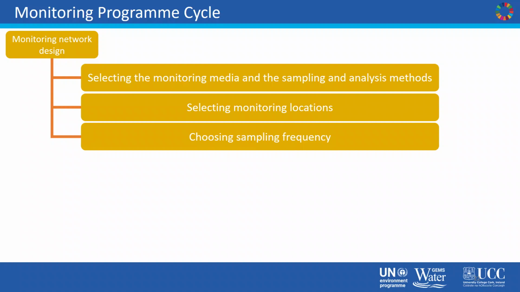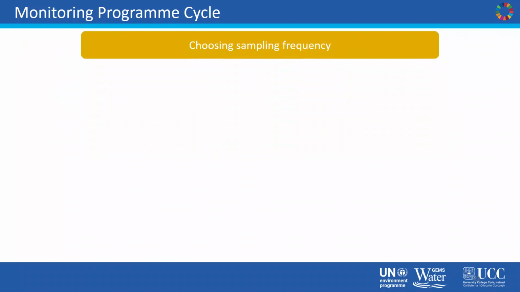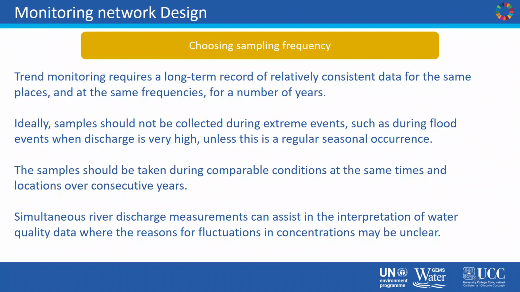So the next stage is choosing the sample frequency, or how often the samples are collected. Trend monitoring, to be able to define trends over time, requires a long-term record of relatively consistent data for the same places and at the same frequency for a number of years.